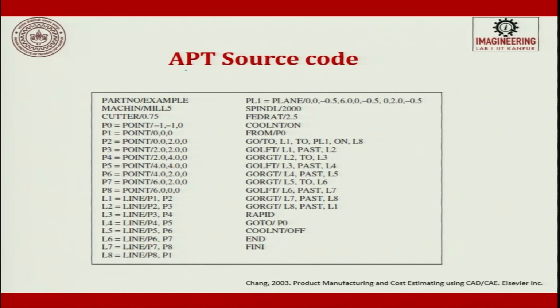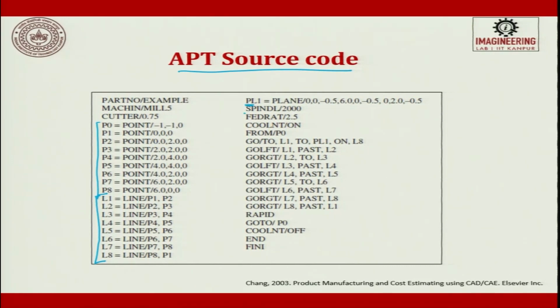So, now the APT source code is: part number example, machine is going to be mill 5, cutter is going to be of diameter D0. So, now what you do is you define all the points, then you define all the lines, then you will define a plane.